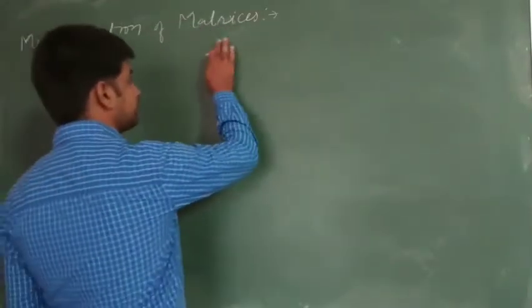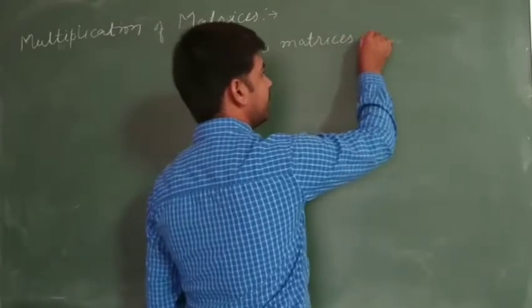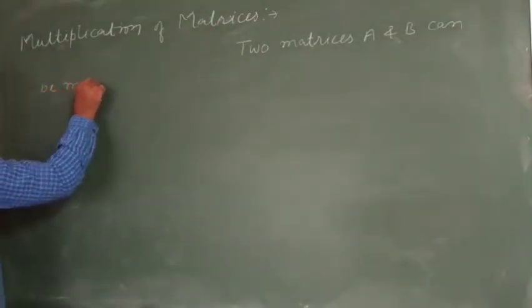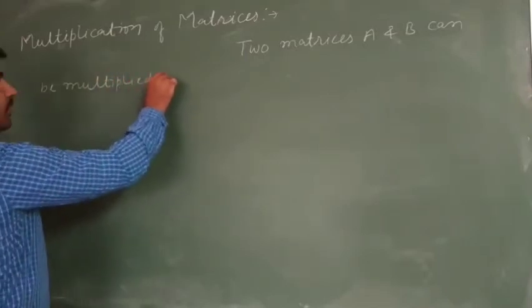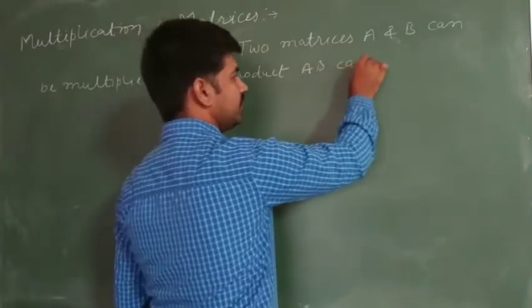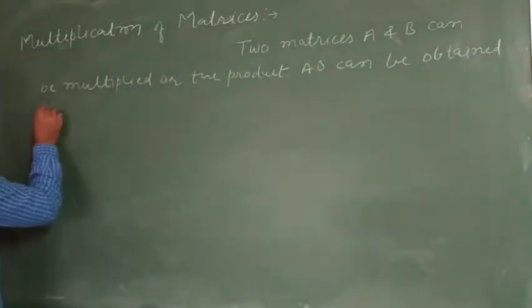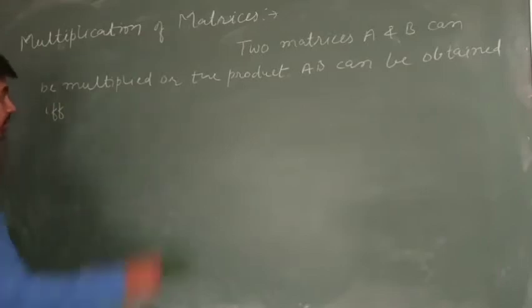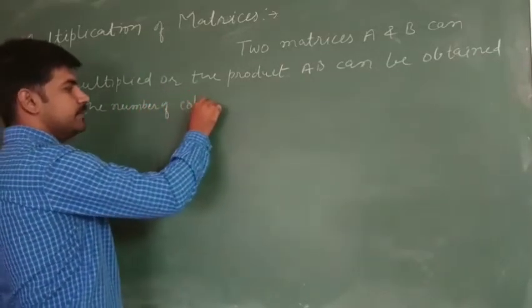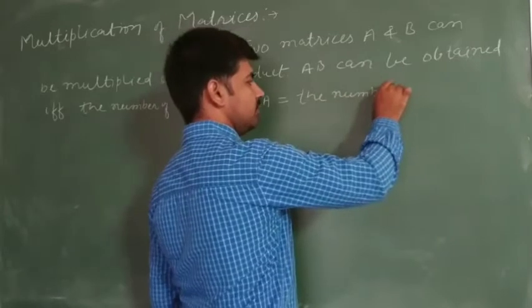So here I am writing two matrices A and B. A and B can be multiplied, or the product AB can be obtained, if and only if the number of columns in A is equal to the number of rows in B.